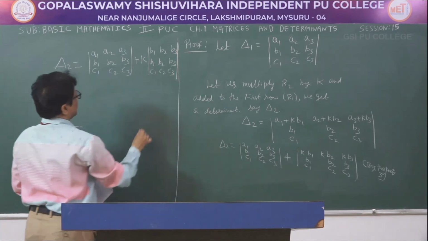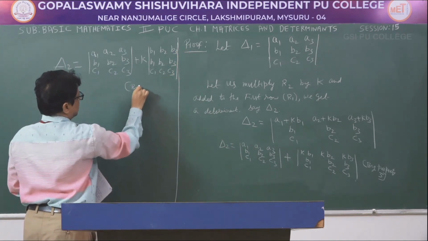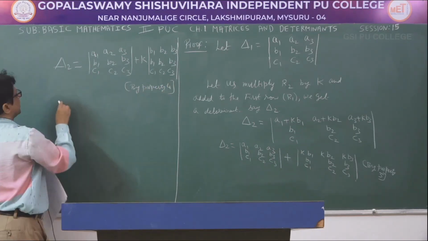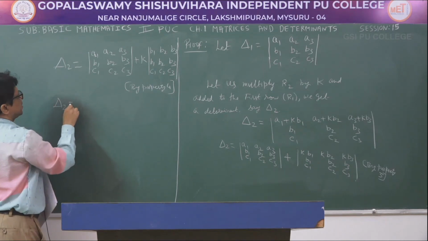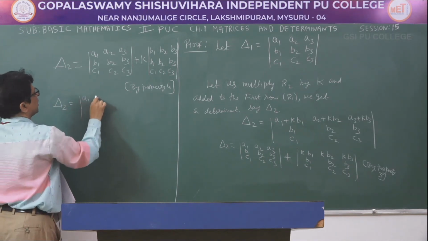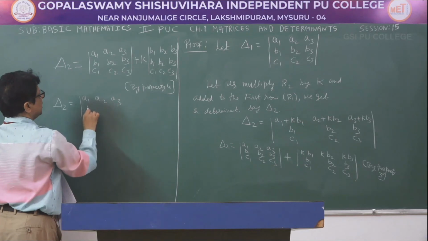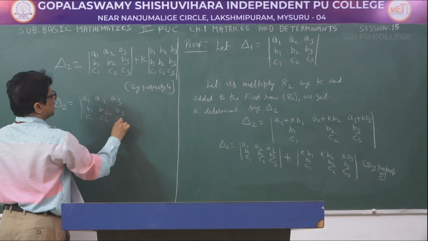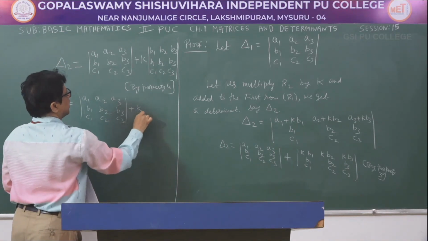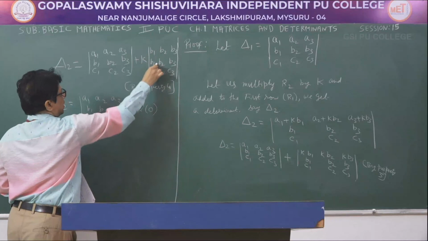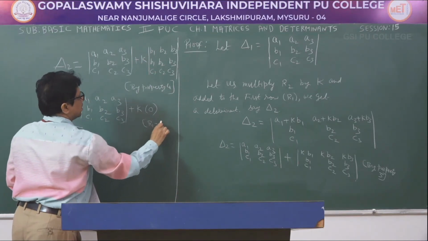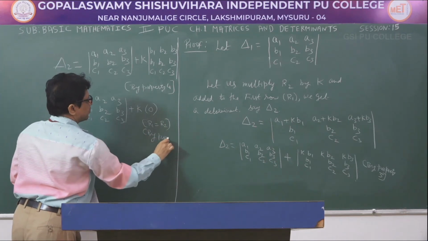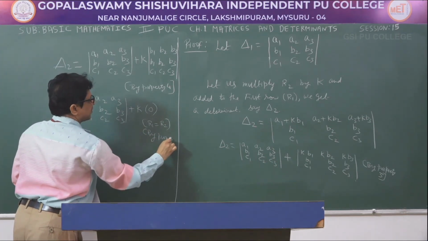By property 4, delta 2 is equal to the determinant of a1, a2, a3, b1, b2, b3, c1, c2, c3 plus k into 0, because R1 is equal to R2, that is by property 3.